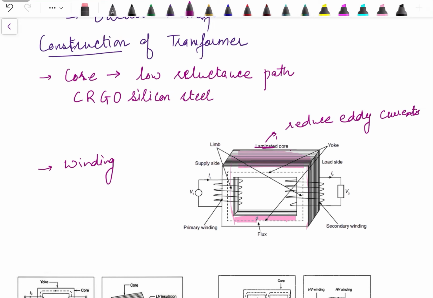Now this is an alloy. CRGO stands for cold rolled grain oriented silicon steel. So this CRGO is the name which it gets from the method by which it is formed, in order to reduce the hysteresis loss.